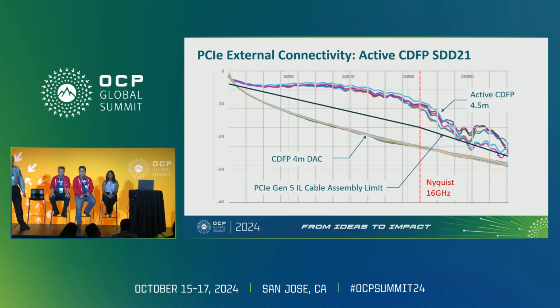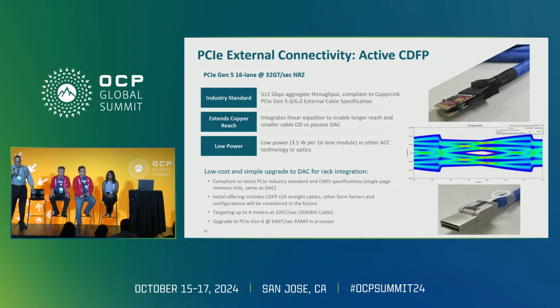And so we know that as we add the active silicon to it, we're getting a great performance increase. Now the TE product that we've built, we have a picture of that in the upper right, is a half redriven cable, compliant to Gen 5, and it's a x16 interface.